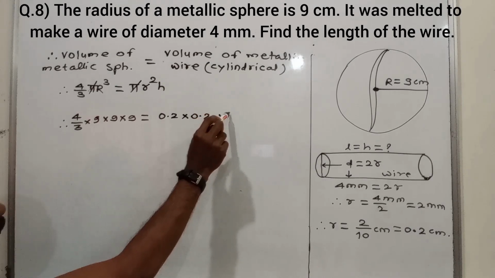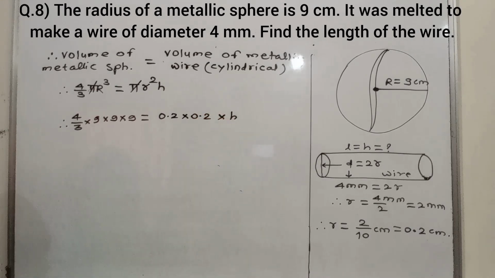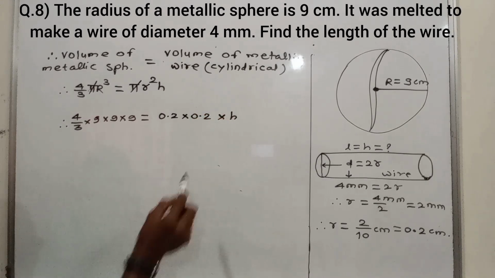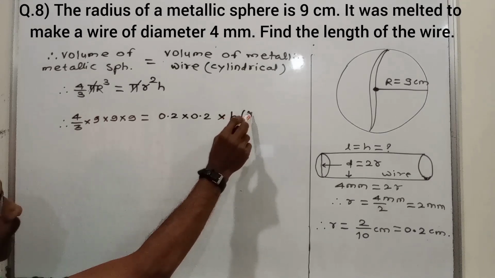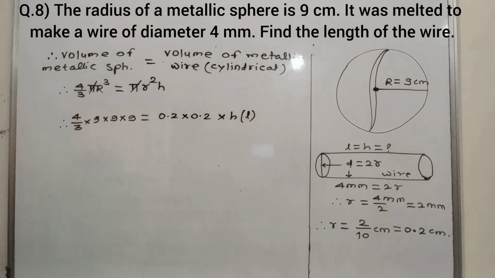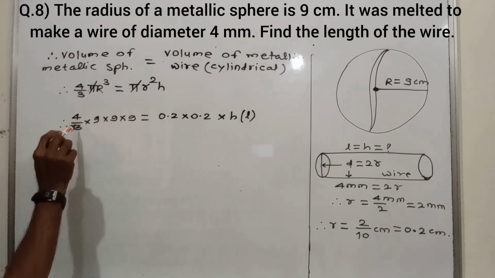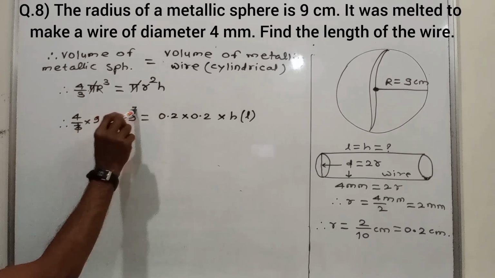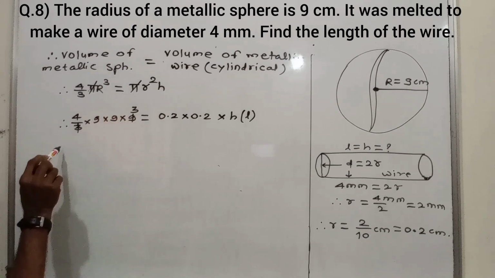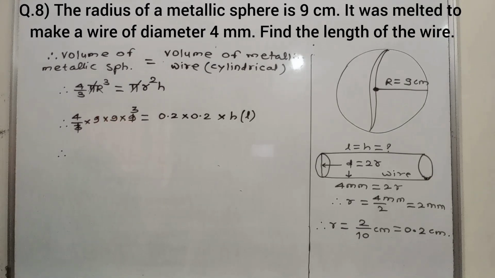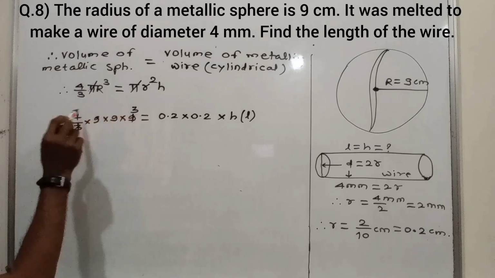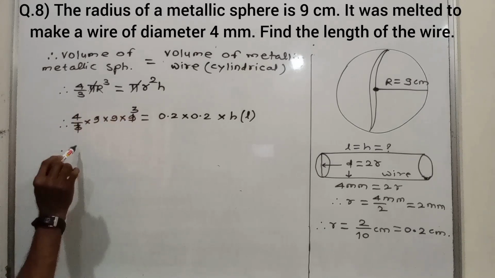And we want to find length, that is nothing but height. Did you get it? H, that is length. You can write this way also, or keep as it is, no problem at all.